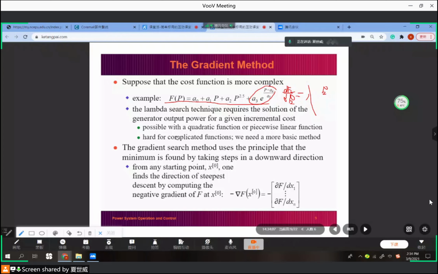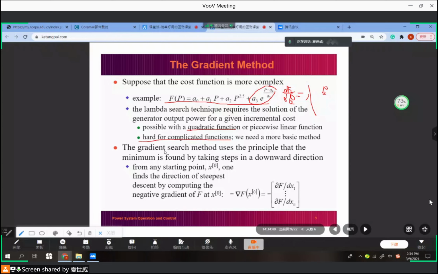The lambda iteration method is only possible for quadratic functions, because the first order derivative of a quadratic function is a linear or piecewise linear function. So for the lambda iteration method, quadratic or piecewise linear functions are possible. But for complicated input-output curves, it will be very hard to use the lambda iteration method.